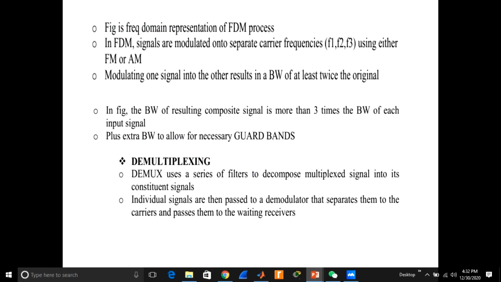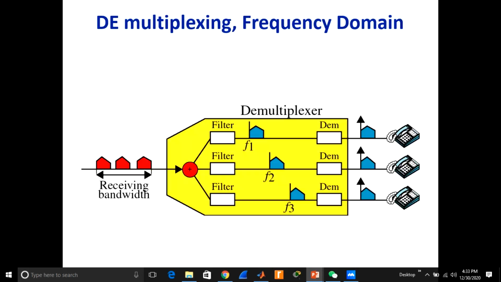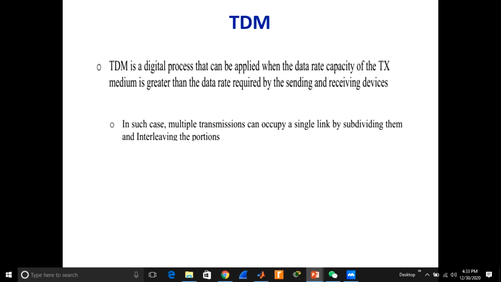Now, suppose TDM. TDM is a digital process that can be applied when the data rate capacity of the transmission medium is greater than the data rate required by the sending and receiving devices.